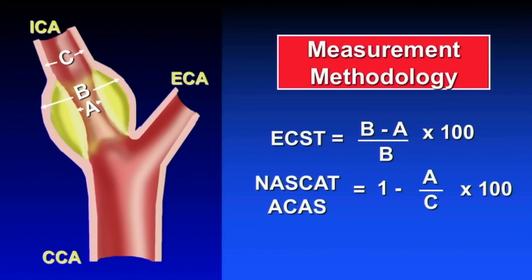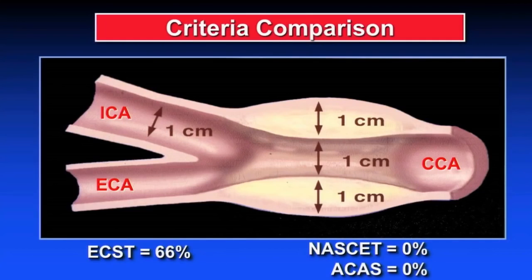That's why the NASCET criteria was started, because we wanted to compare it with an outcome to an angiographic correlation. But these are two valid methodologies which were used. The table that I was the senior author of initially used the European method. The table for the SRU, which I'm an author of as well, tried to use the NASCET criteria.